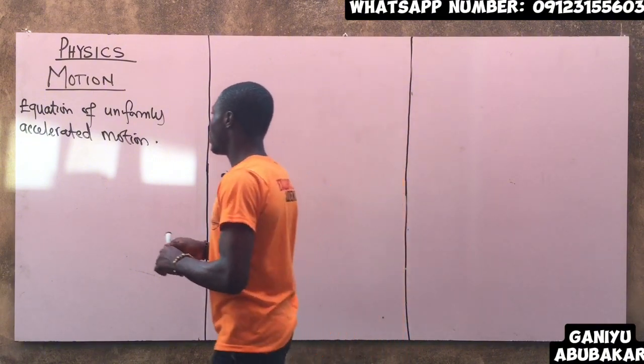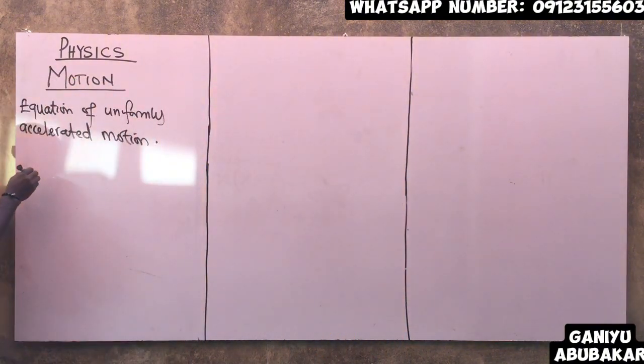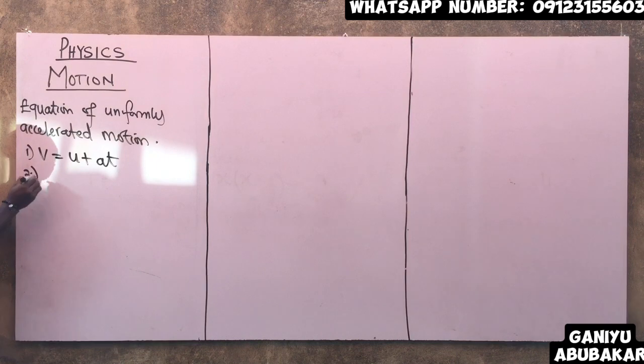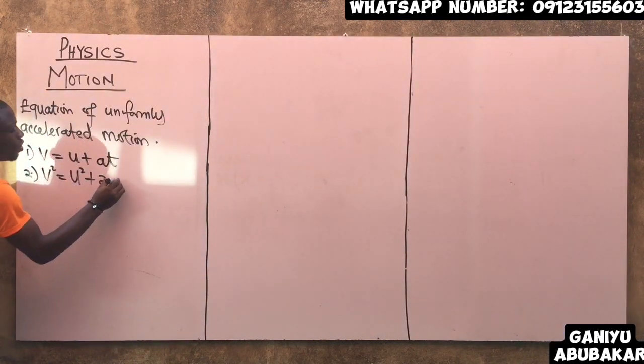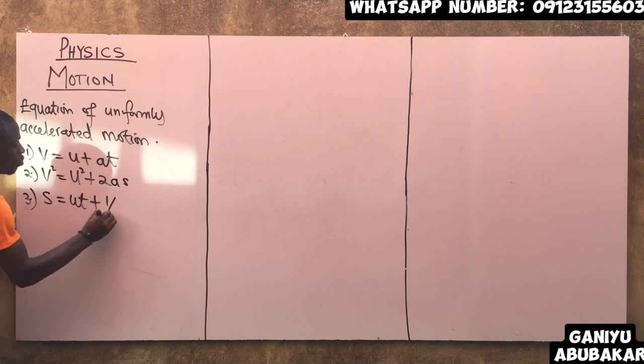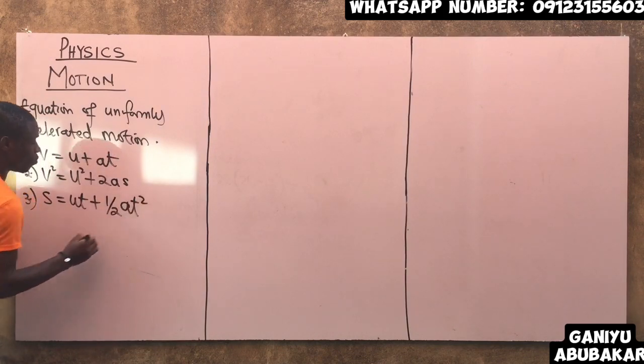For this one, the formulas go below. Number one, I have that v is equal to u plus at. Number two, I have that v squared is equal to u squared plus 2ax. For the third formula, I have that x is equal to ut plus 1 over 2 at squared.